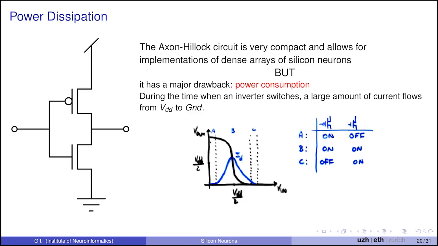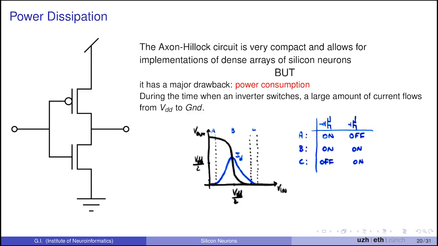So this is shown here. This is just a transfer function of the inverting amplifier. So if your input is low, your output is high. If your input is high, your output is low. But when you're in between, you're switching.